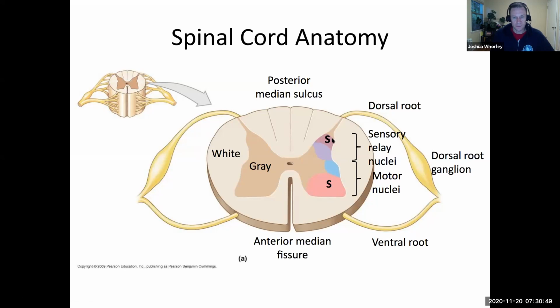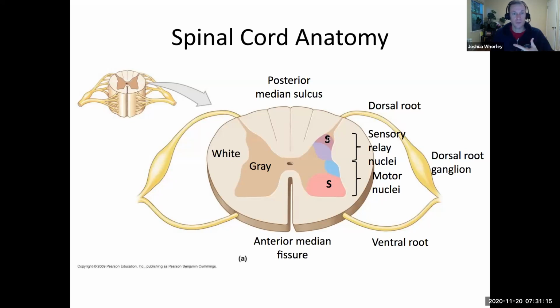So what is somatic, that I indicated with an S? Somatic sensory neurons are those neurons that are relaying information that we end up generating a perception of. So we can feel the stimuli that are sensed by somatic sensory neurons.